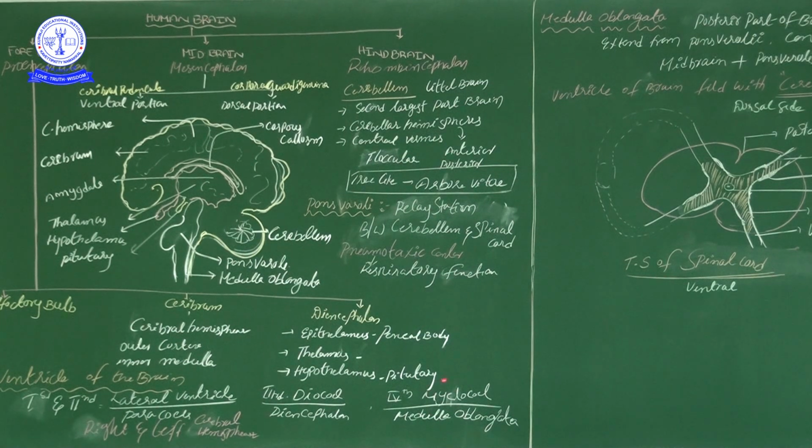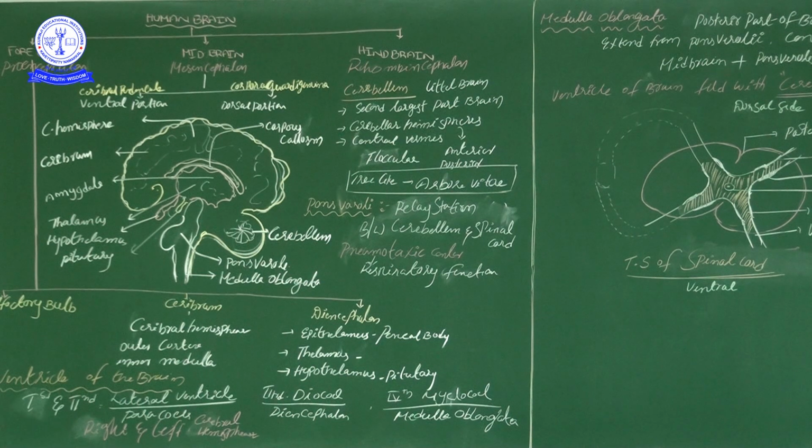You can simply remember M, myelocoel, starting with M, for medulla oblongata, and then diocoel, which is present in the diencephalon. So the starting letters are the same. If you remember these two, automatically paracoel will be remembered. Paracoel is present in the cerebral hemisphere. This is our brain anatomical understanding.